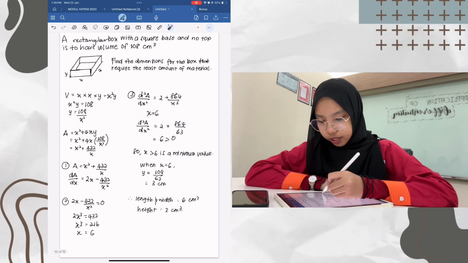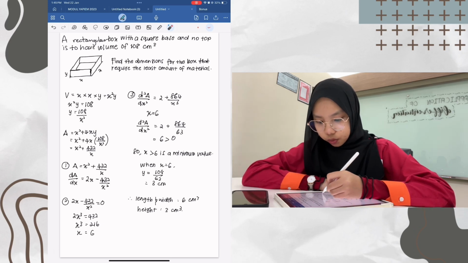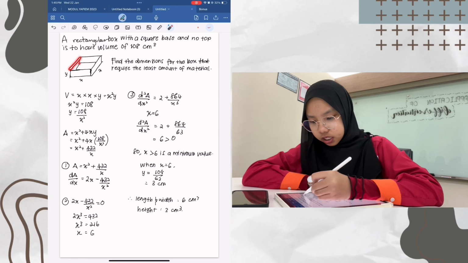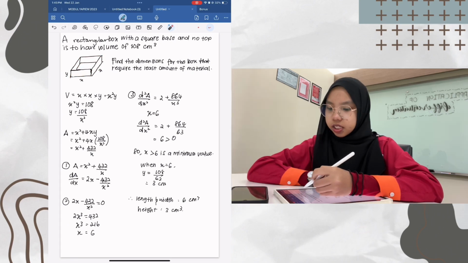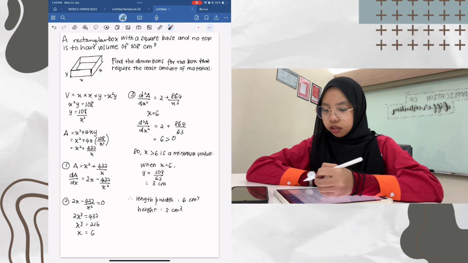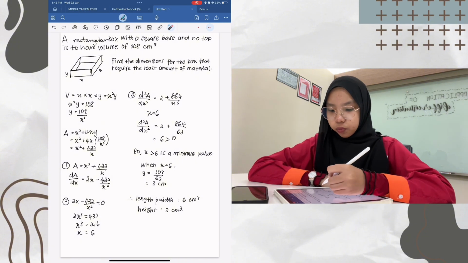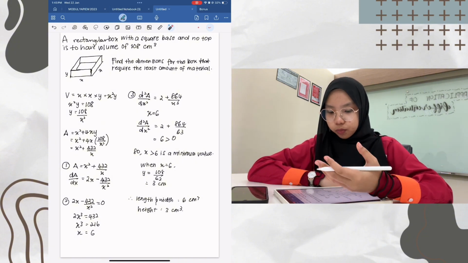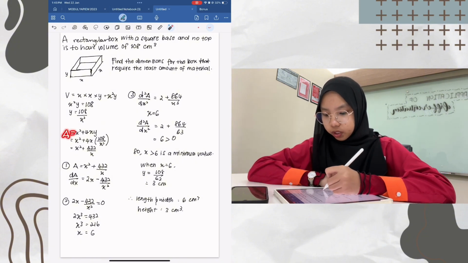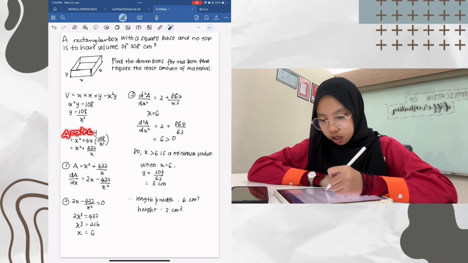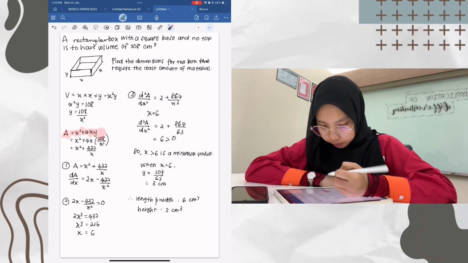And now we want to find the surface area. We know that this is a box without a top, so it only has one base surface and four sides. So we make the formula: area equals x squared plus 4xy.